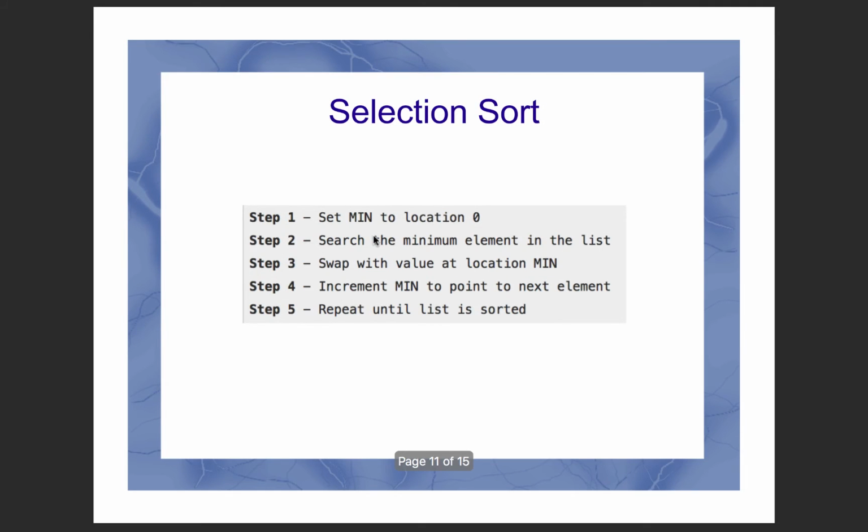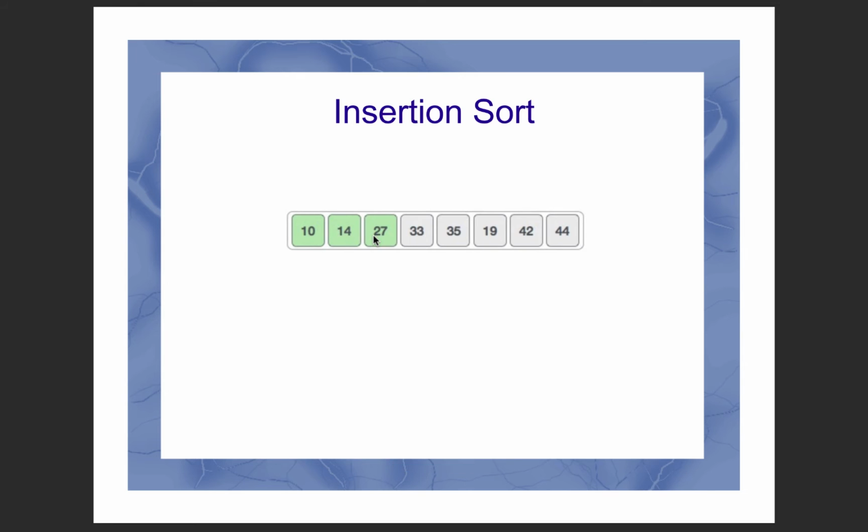So how many loops do you need for this algorithm? Similarly to bubble sort, it also needs two for loops.